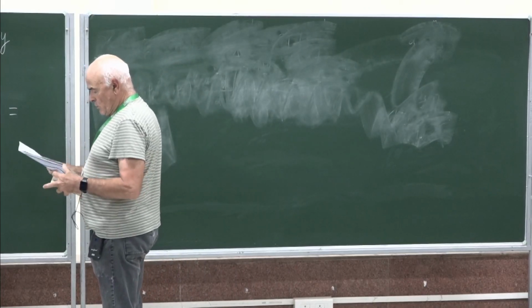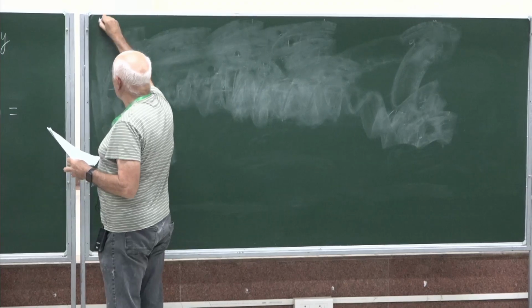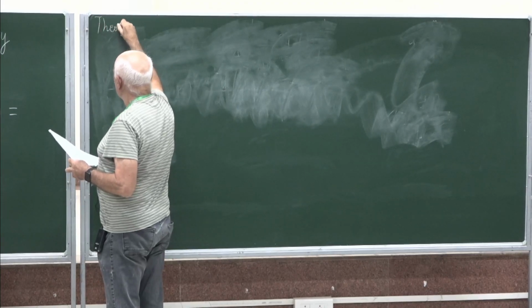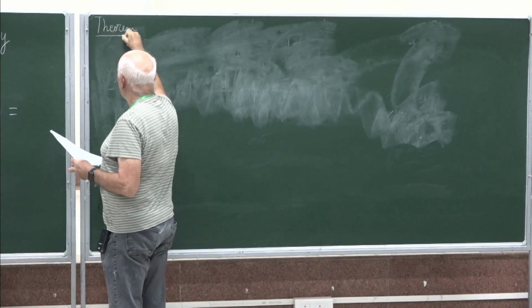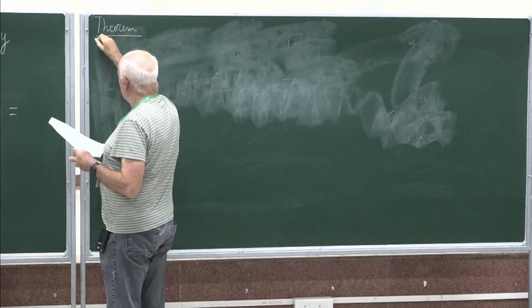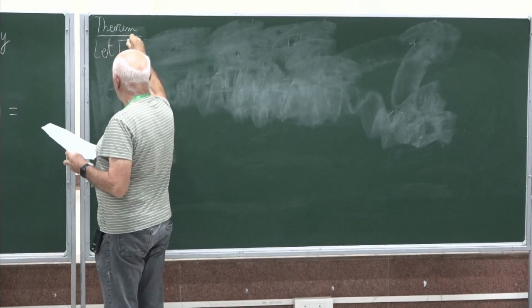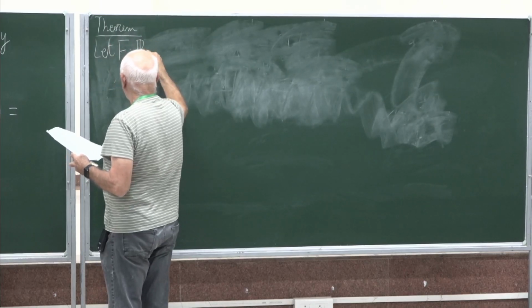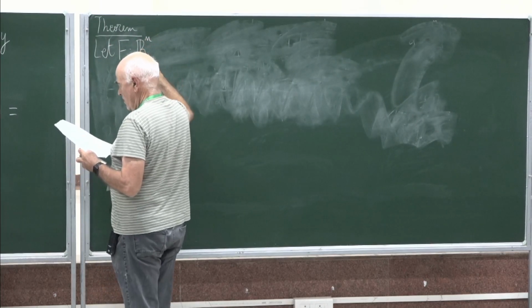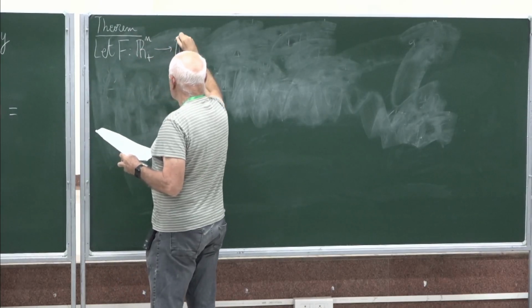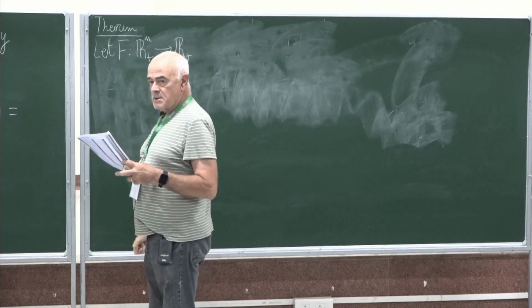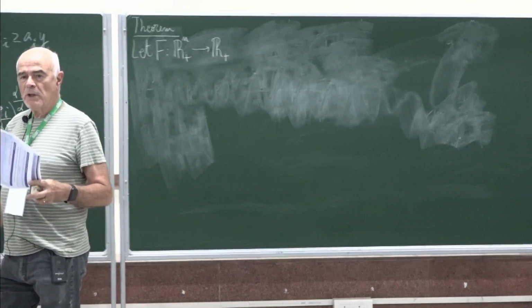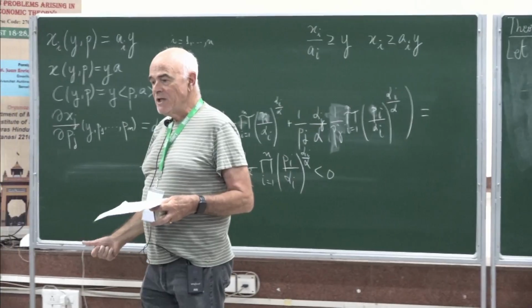So suppose, so it's a theorem. Suppose F, our production function, is, which were the regularity assumptions that we found to be natural?